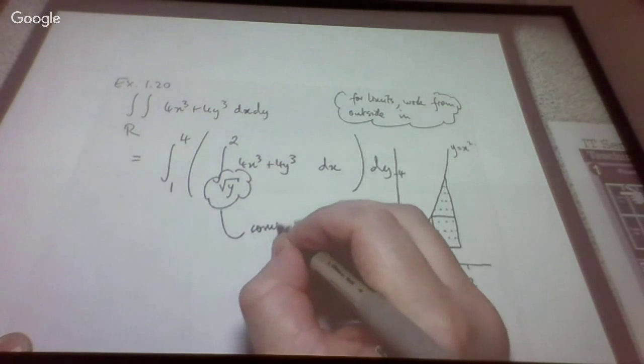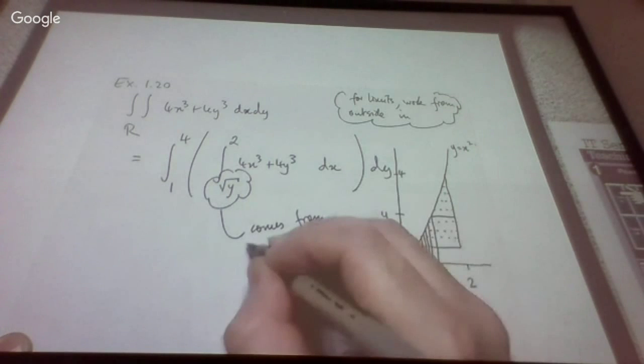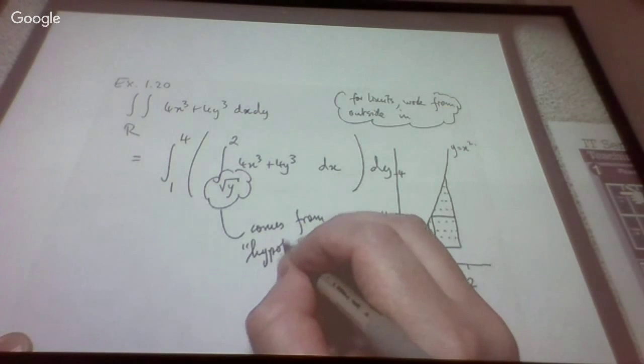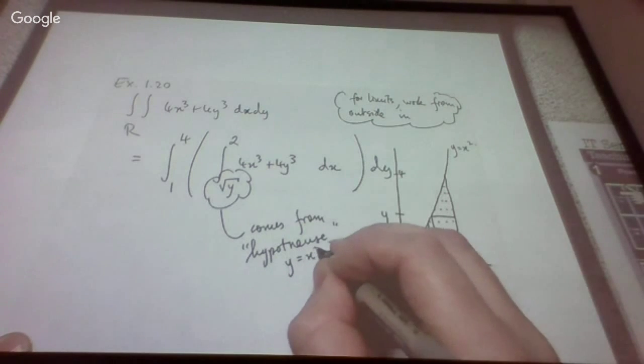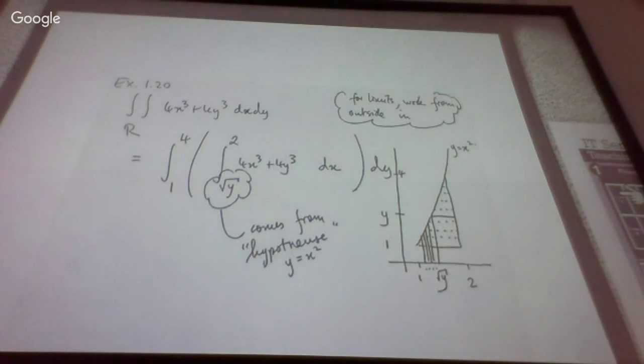This comes from the hypotenuse-like thing, which was originally defined to us as the curve y equals x squared. But it's been turned around here because of this decision to make y the outer integral.